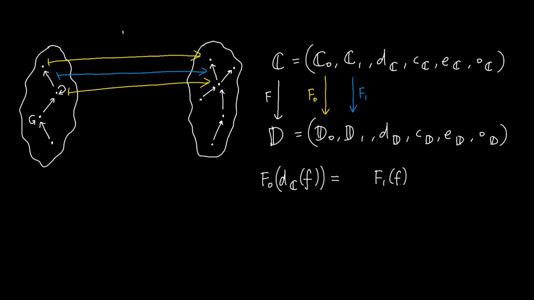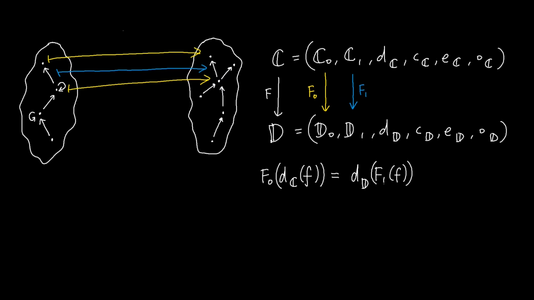And then taking the domain of that in the D category. So this is very similar to preservation of a unary operation when you have a function, a structure preserving function between algebraic structures.